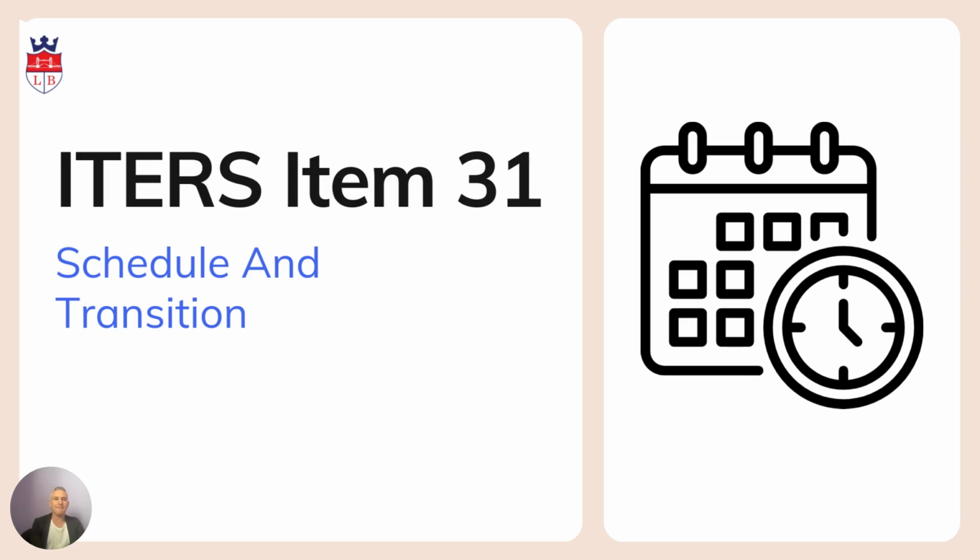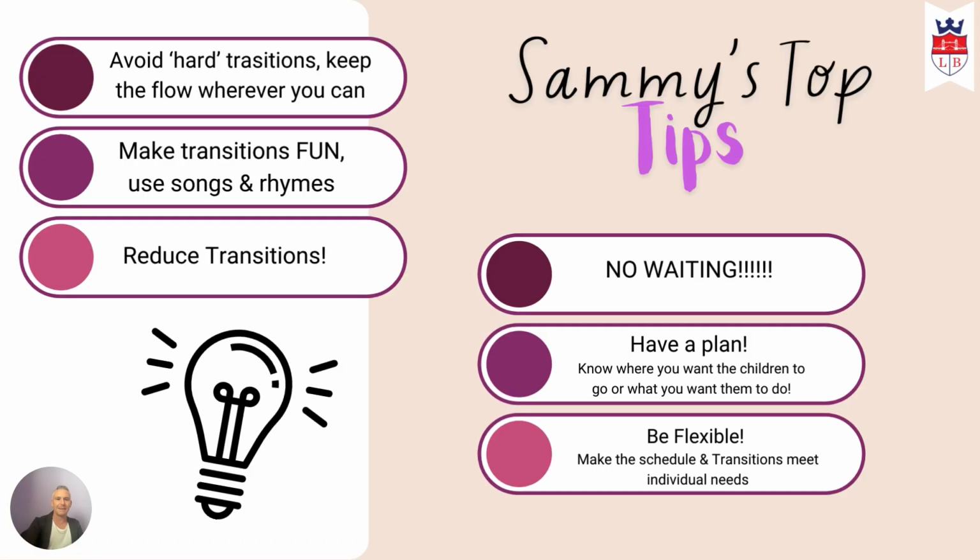Then we'll be looking at minimal, which is the bare minimum that you would be doing in order to achieve this standard, and that is a grade 3. And we'll be going on to look at a good at 5 and excellent at 7. So we'll be looking at the criteria in each of those categories. So let's dive in and start looking at some of Sammy's top tips.